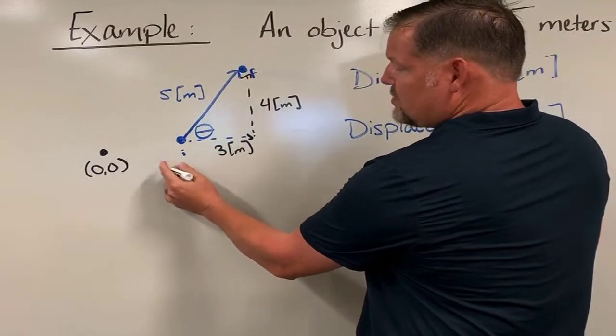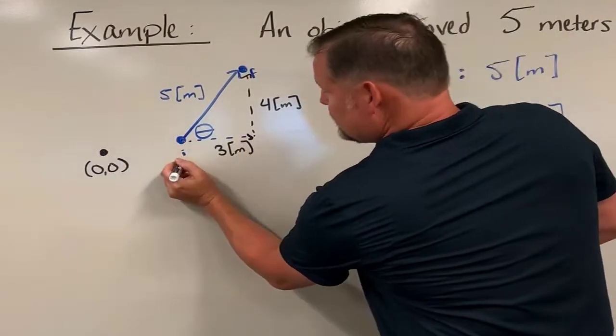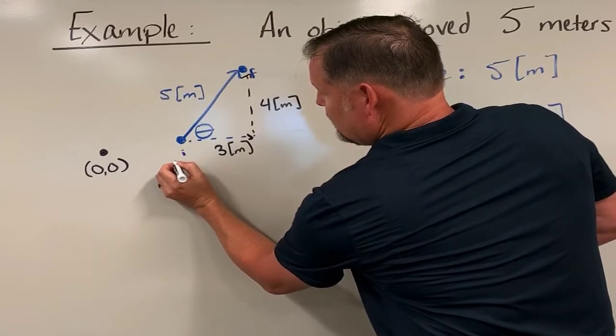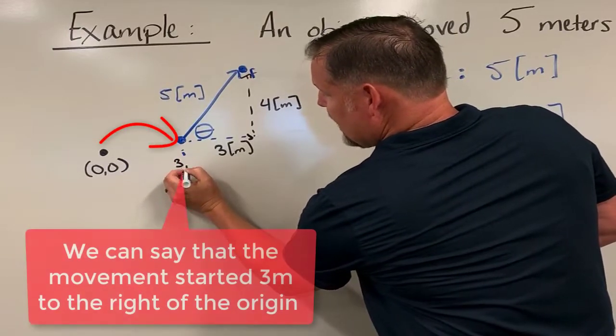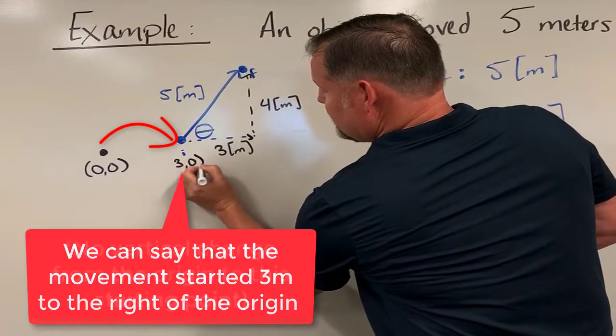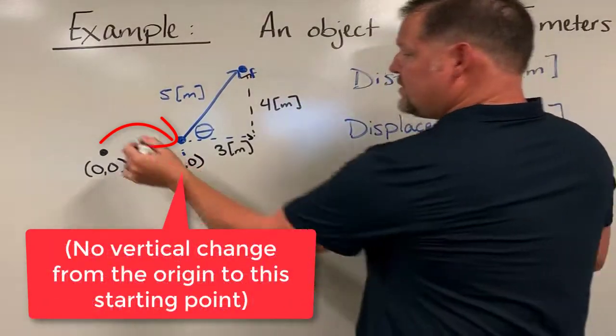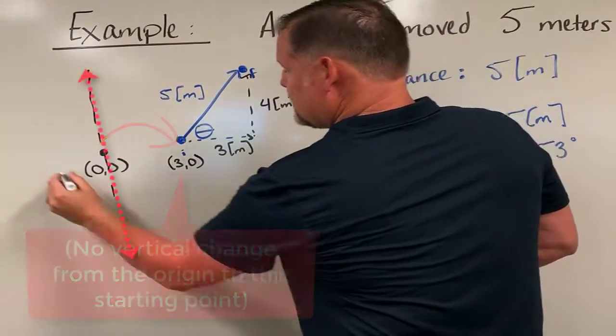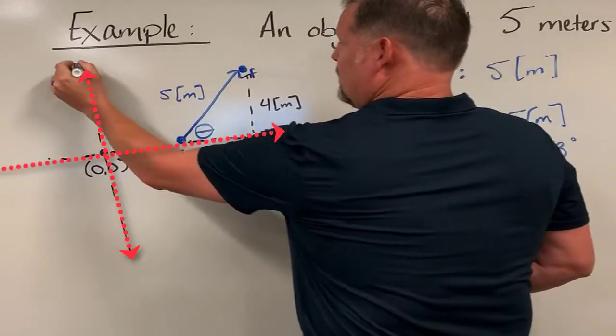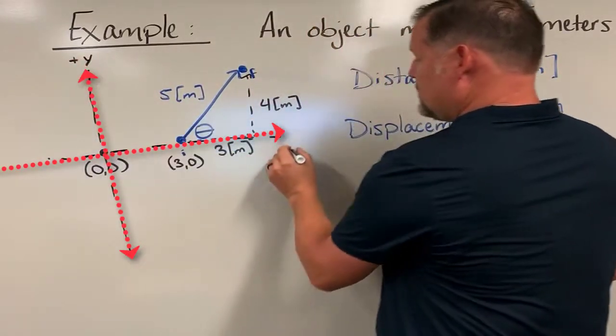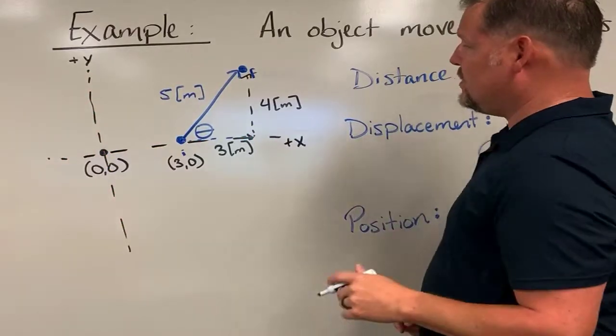And I maybe started, let's see, that's about 3. That looks like 3 in the x-axis, 0 in the y-axis. I'll draw some axes. Well, that's my positive y, and that's my positive x.